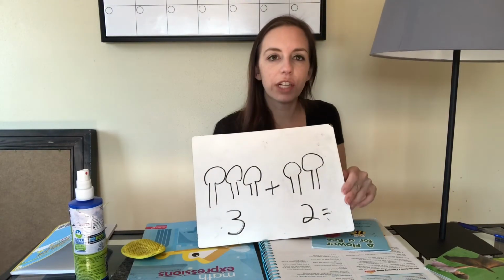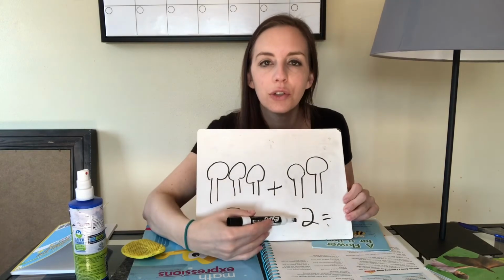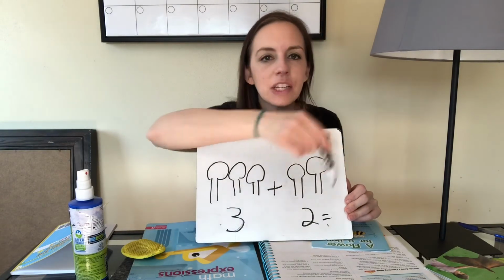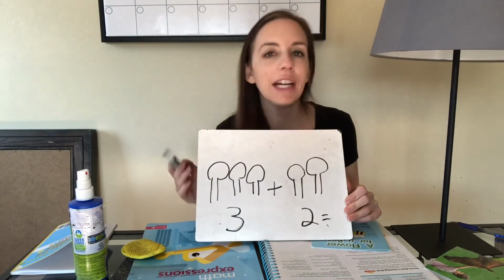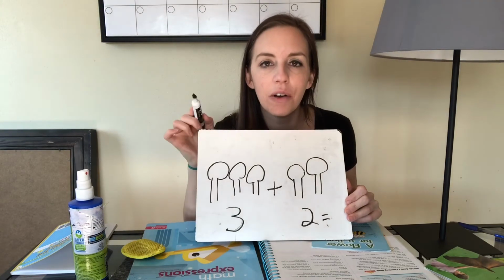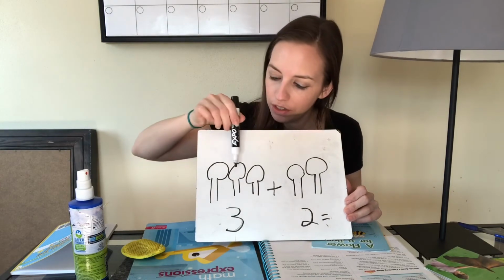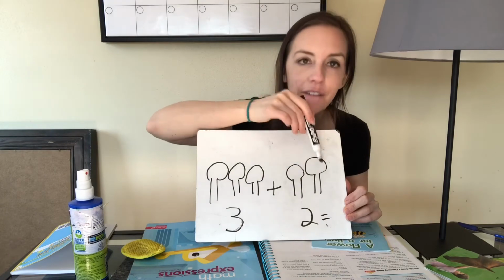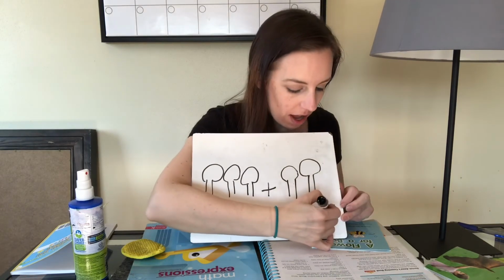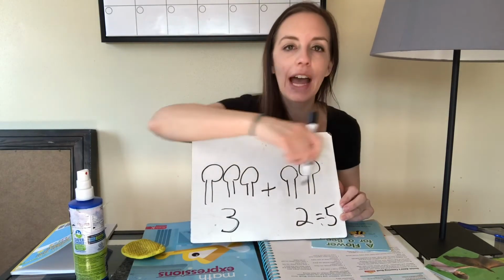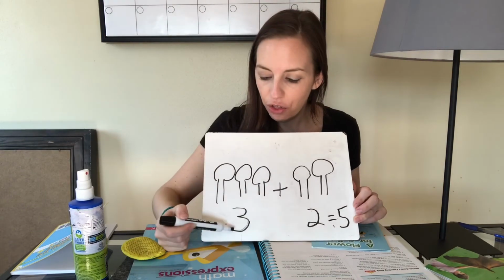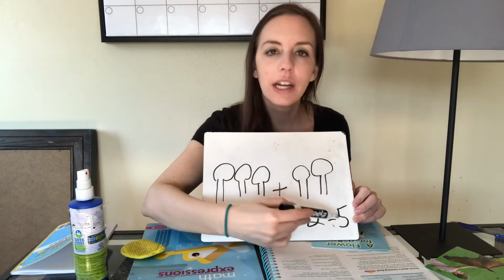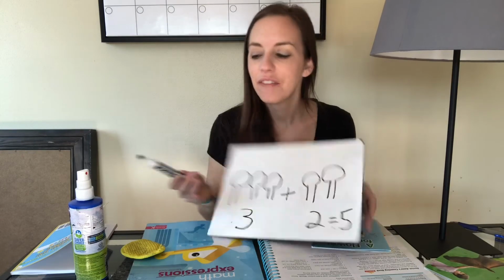So 3 trees plus 2 trees equals how many trees all together? If I don't know, I can always count. 1, 2, 3, 4, 5. So I must have 5 trees all together. 3 plus 2 is 5. Very good.